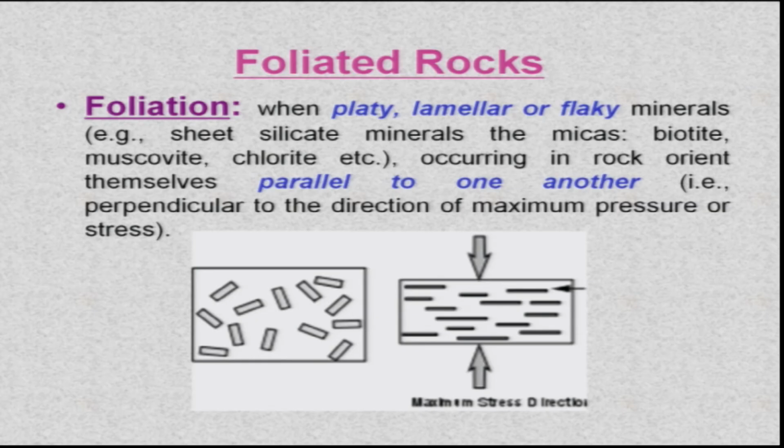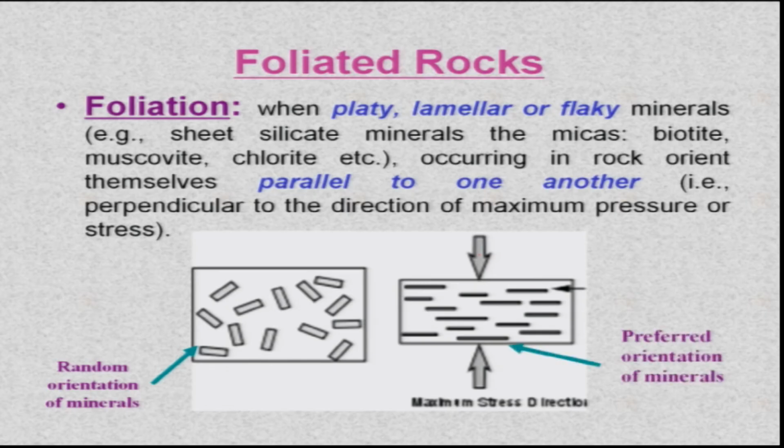So these are unoriented minerals, for example in granite here, which then get oriented along a definite plane perpendicular to the direction of maximum stress. We have randomly oriented minerals, and we see preferred orientation of minerals due to metamorphism.